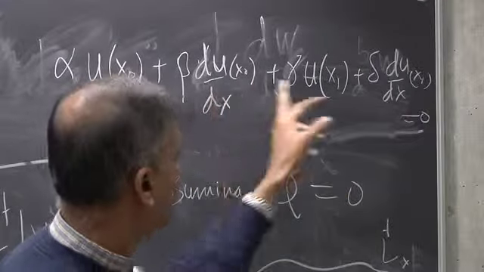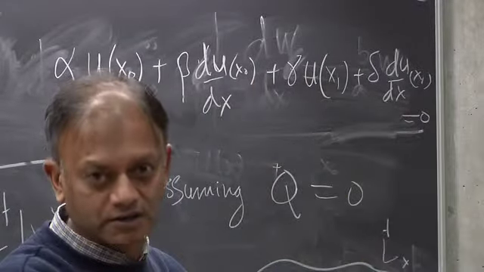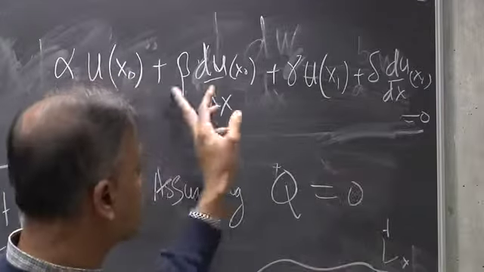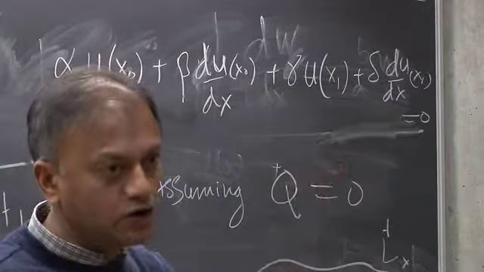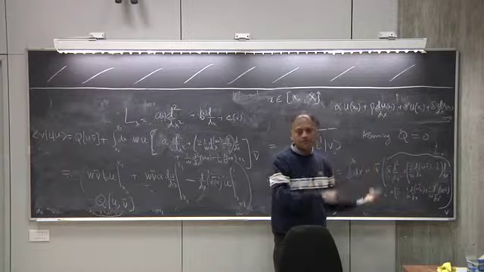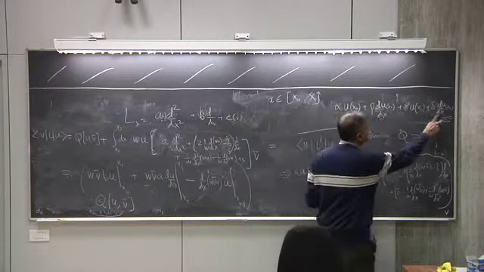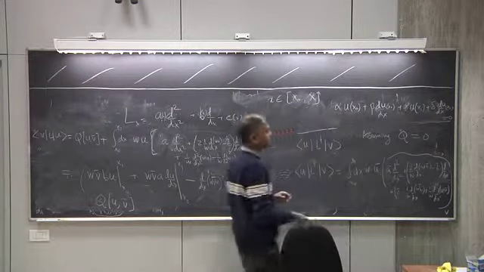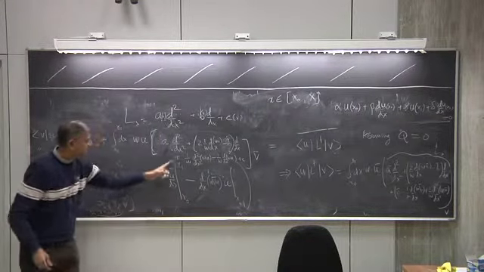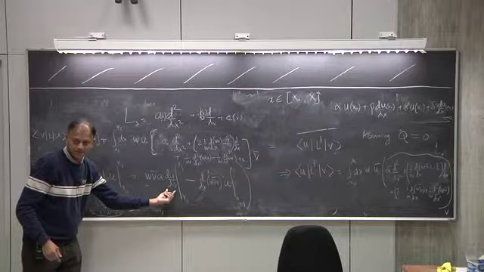Suppose alpha, beta, gamma, delta are such that you can do it. It's not always possible, that depends on the choices. But for all choices, it's true that two of them can be determined in terms of the other two. Just to be simple, let's suppose that these two I can determine in terms of U at x0 and U at x1. So this I can substitute by U at x0 and U at x1, right?